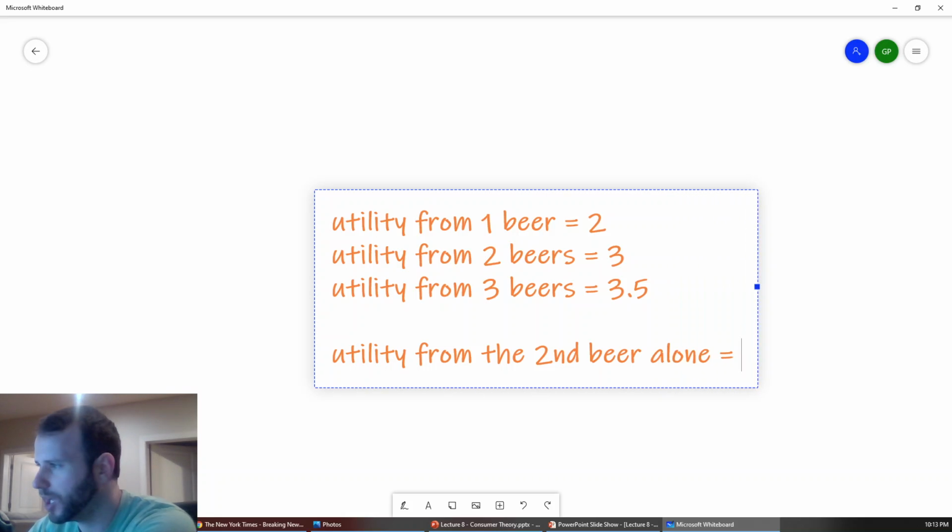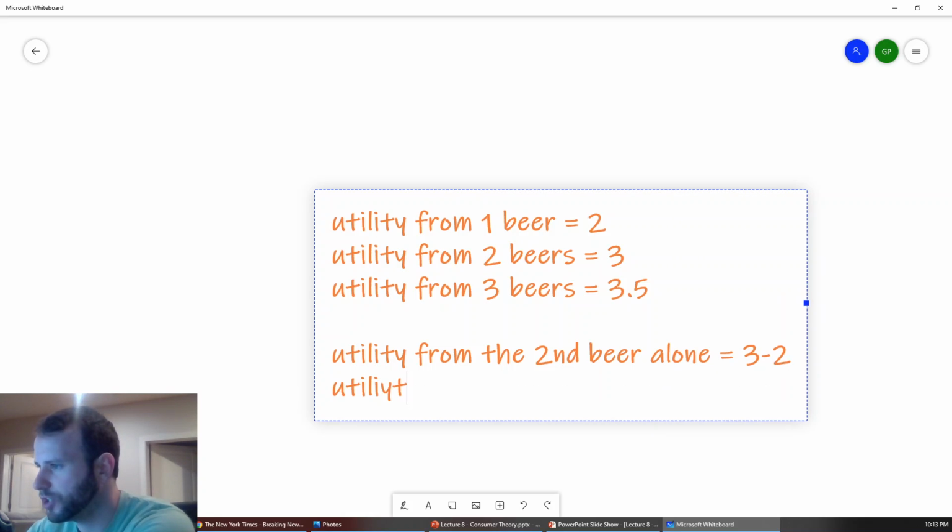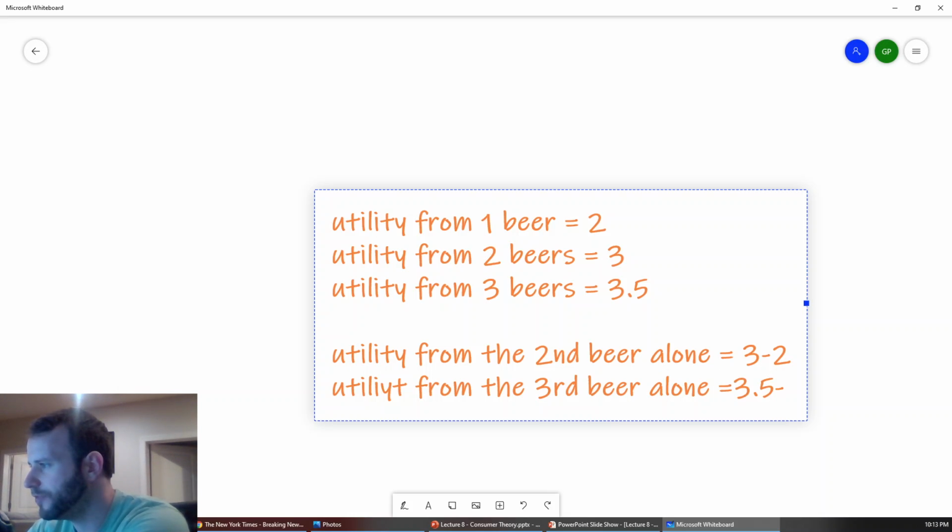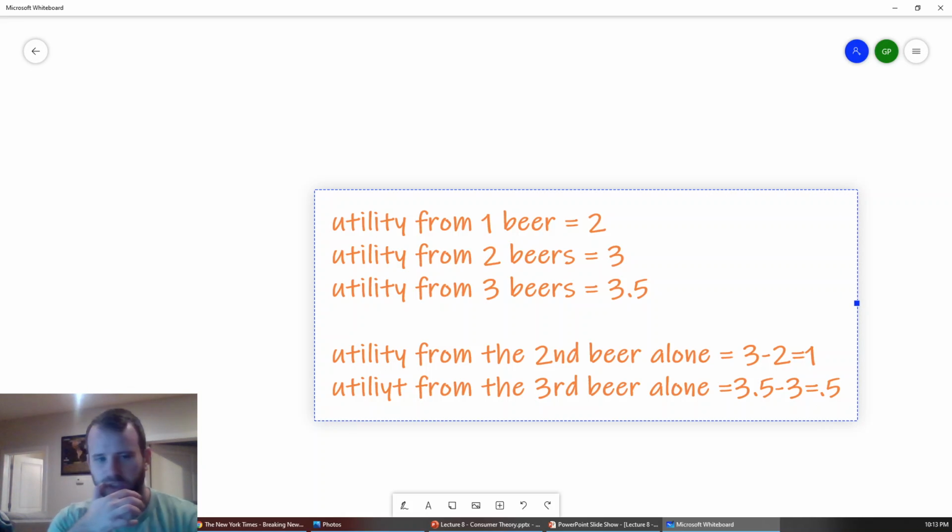And that'll be 3 minus 2. And the utility from the third beer alone is going to be 3.5 minus 3, or 0.5. So basically, if you've already consumed the first beer, how much utility are you going to get from consuming the second beer? That's your marginal utility.